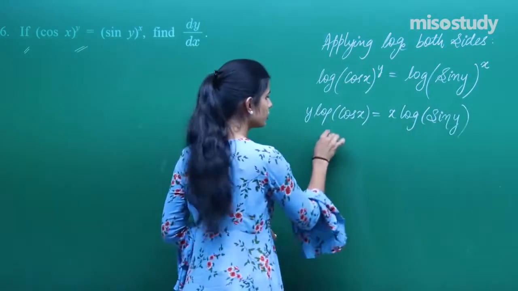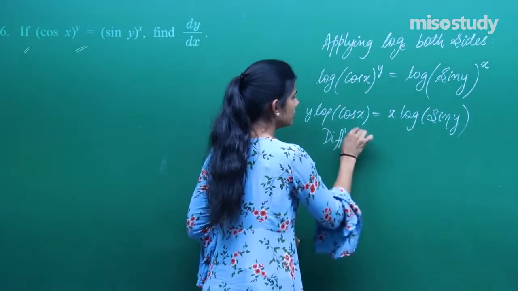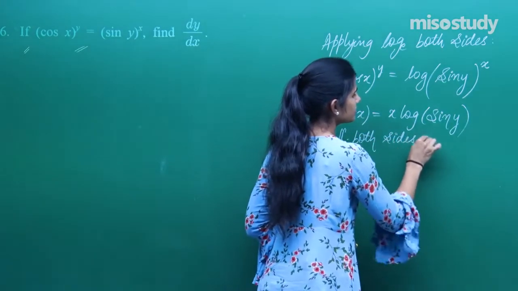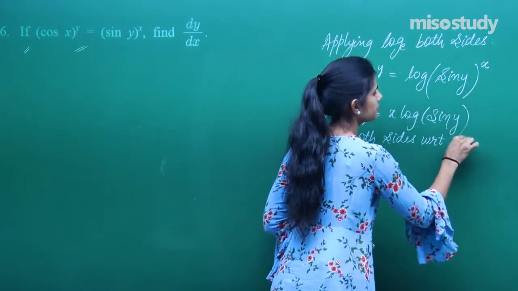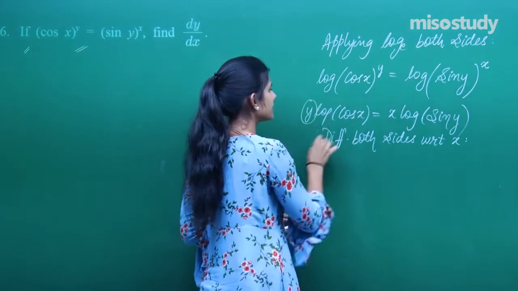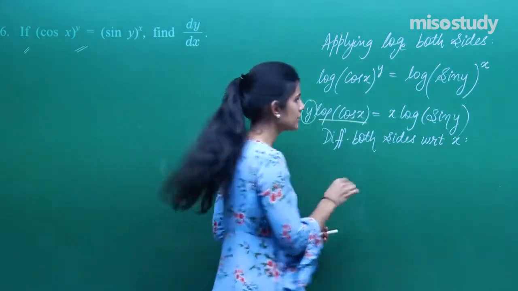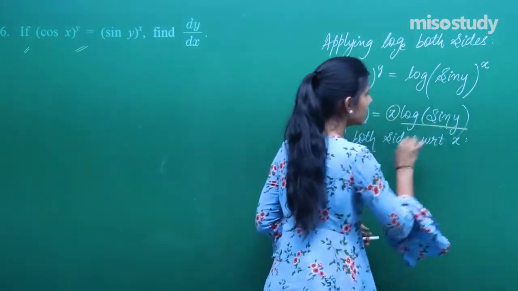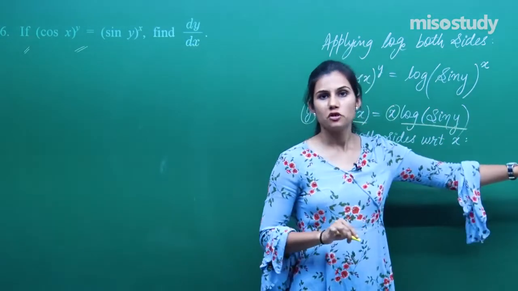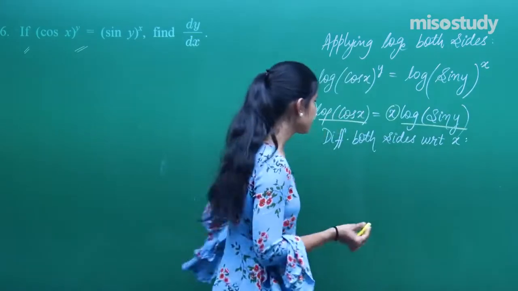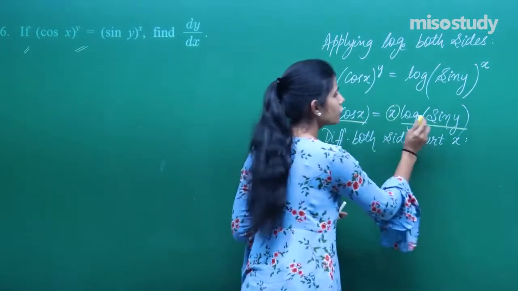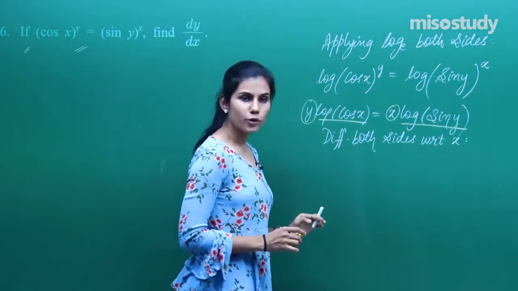Now you differentiate both sides with respect to x. Of course, this is one function of x, this is another function of x, because first it is a function of y, then it is a function of x. So indirectly it is a function of x. Differentiating both sides with respect to x, this is a product of two functions. I will be using the product rule.